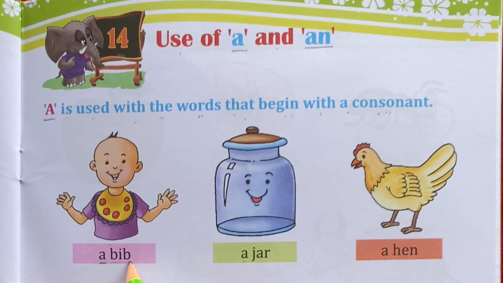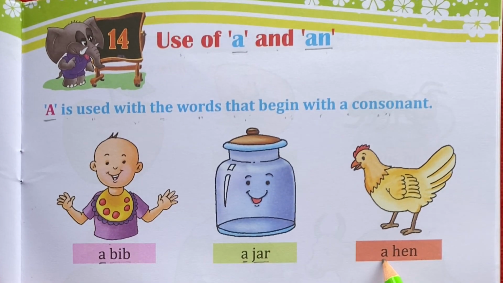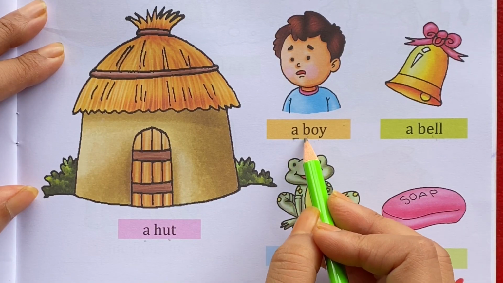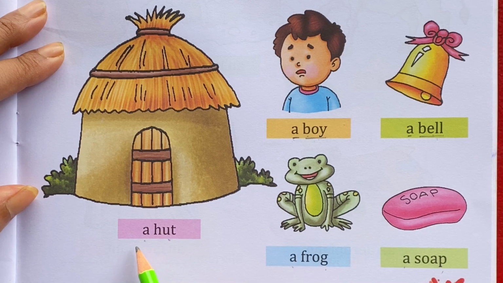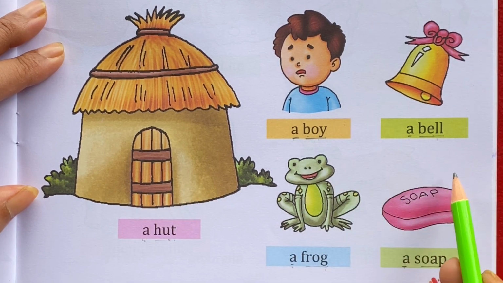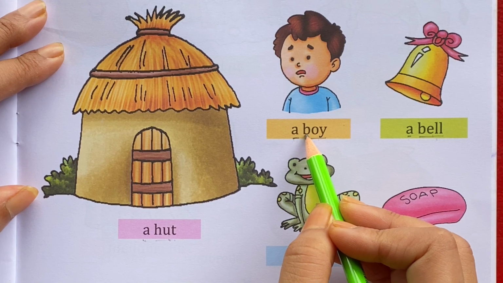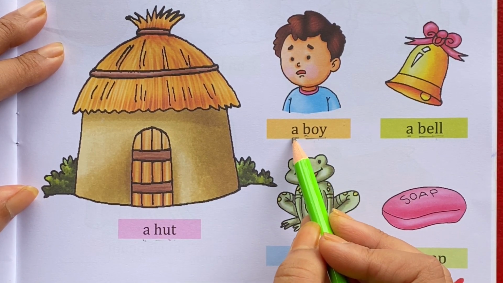A bib, a jar, a hen, a boy, a bell, a hut, a frog, a soap. All these words start with a consonant. So we are using a.